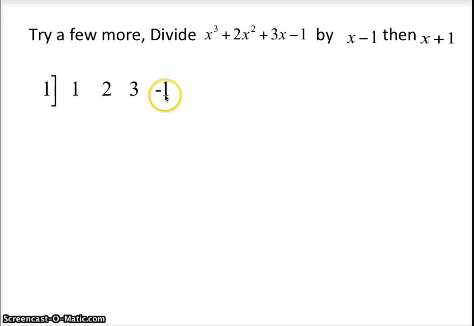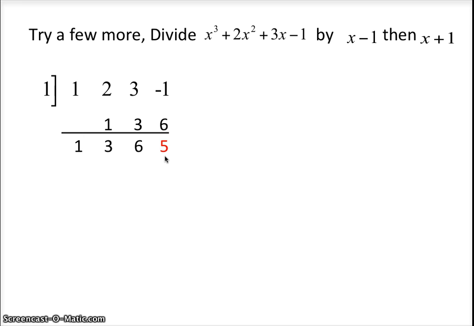So we can see that this will be our constant, our x term, our x squared term, and our x cubed term. So we start by carrying down the 1, and then we start our multiplication. 1 times 1 is 1, add straight down. 1 times 3 is 3, add straight down. 1 times 6 is 6, add straight down, and we get a remainder of 5.